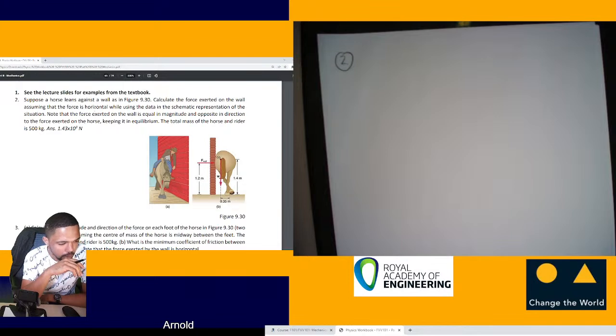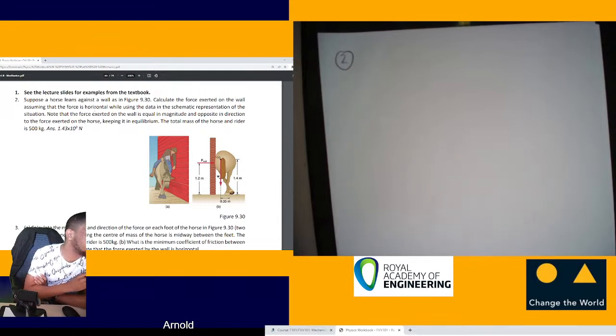In figure 9.30b, we have the center of mass, then the center of gravity, I think, the weight of the horse, and the force of the wall on the horse, which acts at a distance of 1.2 meters, the height 1.4 meters, and then a distance of 0.35 meters. So we need to calculate the force of the horse on the wall. No questions yet. There are 2 viewers.